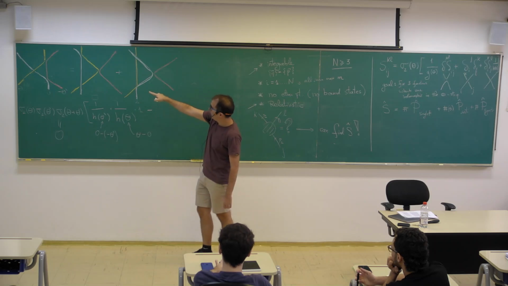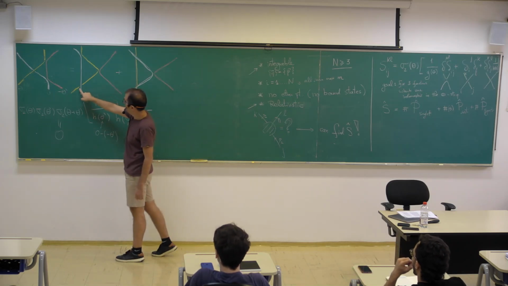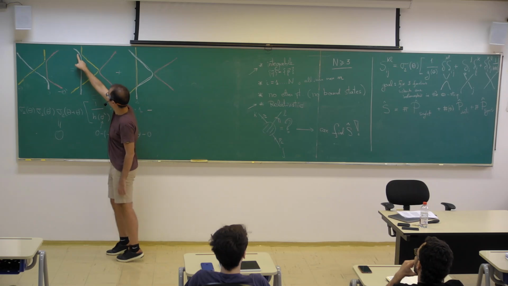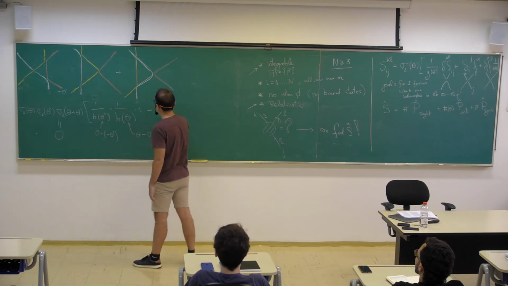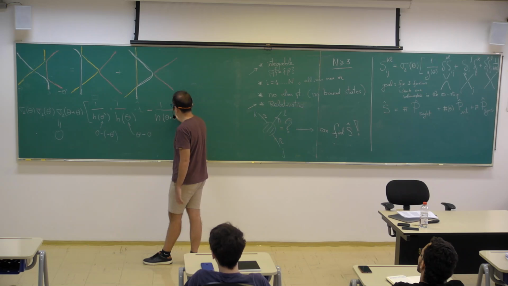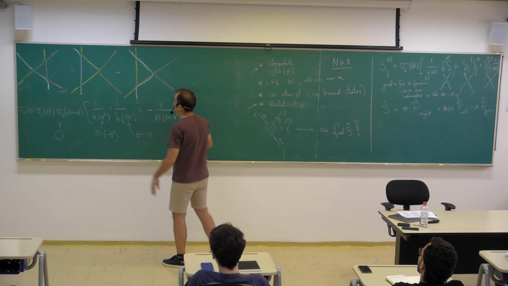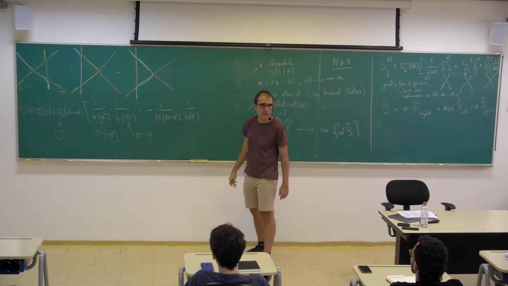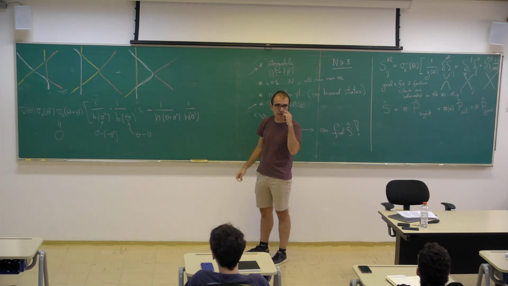Now the first one here. Let's see now this one here. Transmission, so we put nothing. And then we have 2 reflections. One reflection gives 1 over H of theta plus theta prime. We always do bottom to top. And the other gives 1 over H of theta prime, the top one. Do you see? Do you agree?